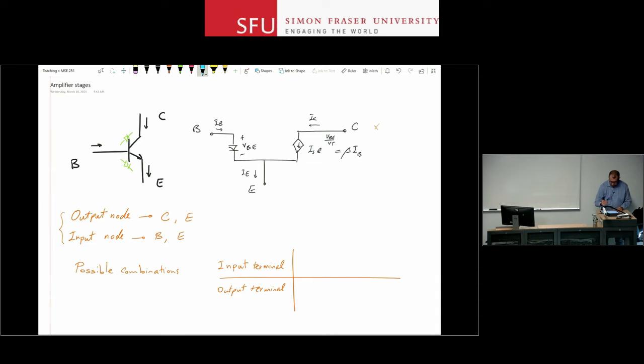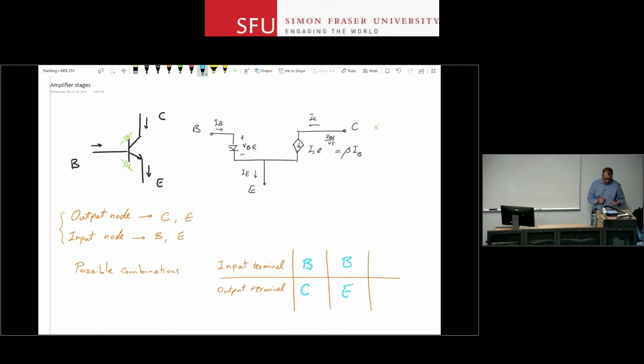Now, what are the combinations? You can apply the signal to the base, and if you apply the signal to the base, well, you have two terminals to get the output from. One is the collector, and another possibility is taking the output from the emitter, right? So for the base as the input, you have two choices for the output.